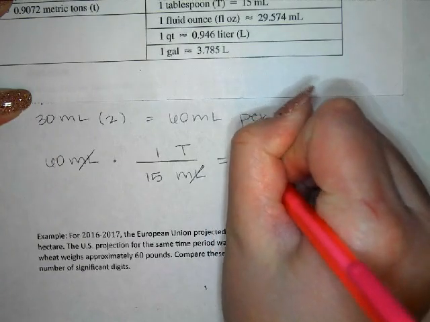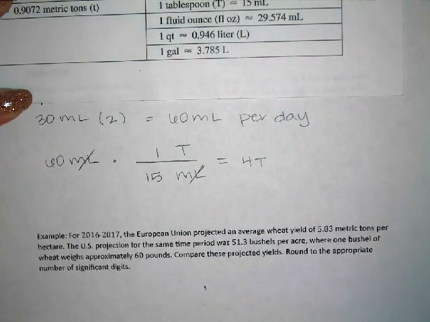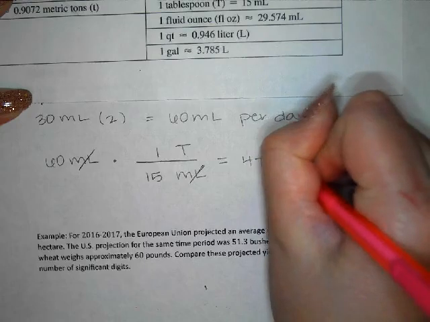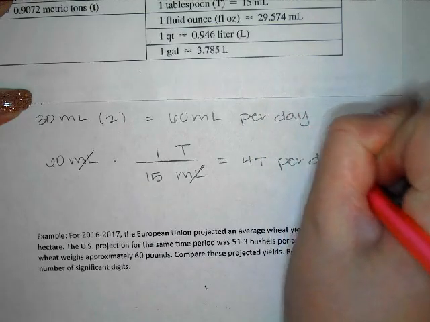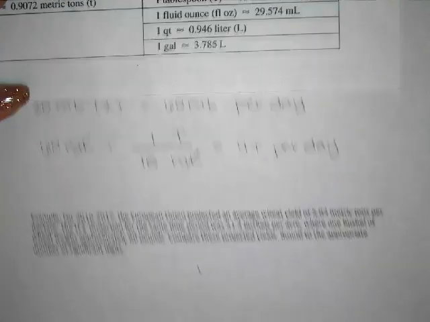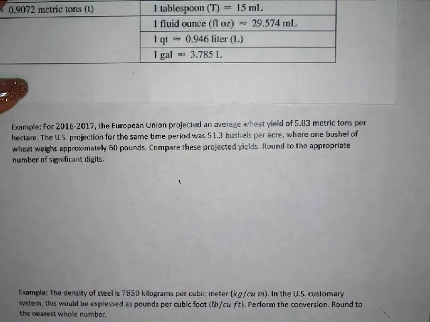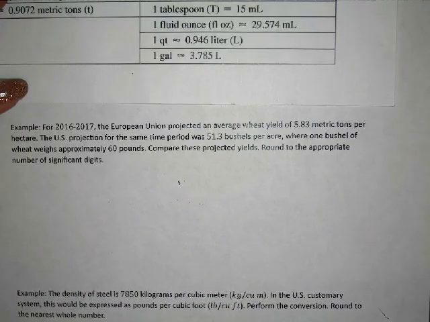All right, next. For 2016 and 17, the European Union projected an average wheat yield of 5.83 metric tons per hectare. I'm going to write that 5.83 metric tons, with the little t, per 1 hectare, okay?